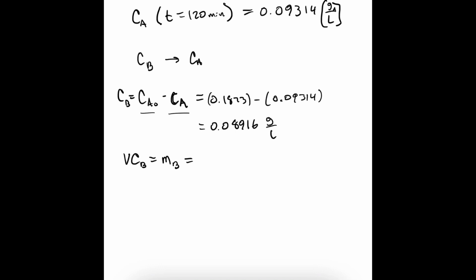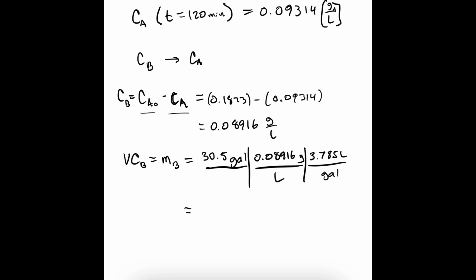So that equals 30.5 gallons times 0.08916 grams per liter, times 3.785 liters per gallon, and therefore there are 10.29 grams of B in the tank after 2 hours.